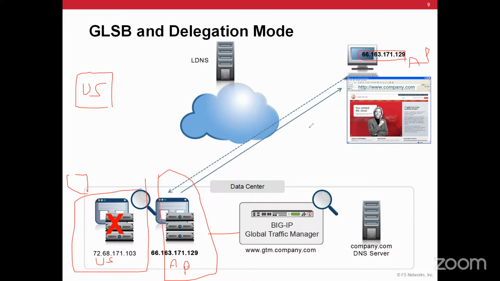So when a request comes to GTM, it will see the public source IP of the client, and on the basis of that, GTM will know the request is coming from AP. As per the logic, if it is AP, I will answer with my AP server IP. Similar with the US. The logic is the same: it checks the source IP, and on that basis it makes the decision.